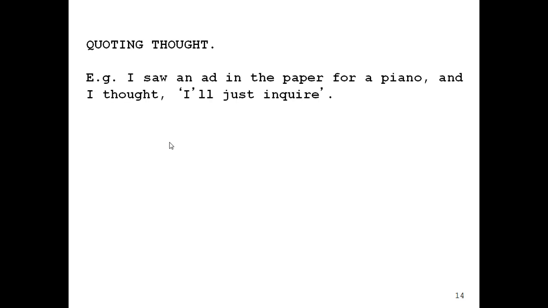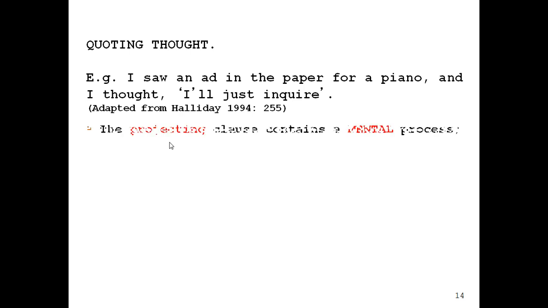Okay, so another example of quoting is thought. And as you can imagine, this is related to the mental process, whereas the previous example I showed you was related to the verbal process. Example: I saw an ad on the paper for a piano and I thought, inverted commas, I'll just inquire. Once again, the quotation is literal, or we assume it to be so.